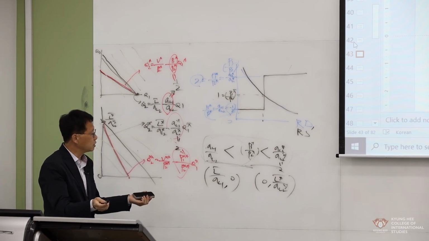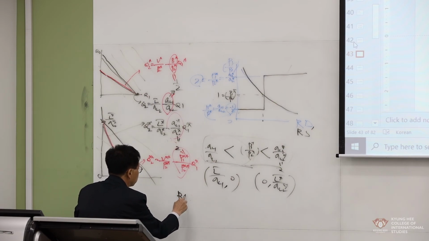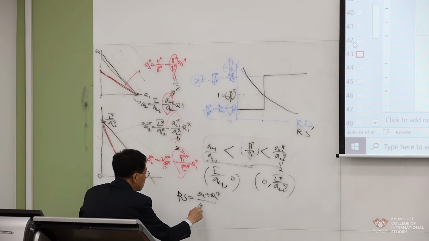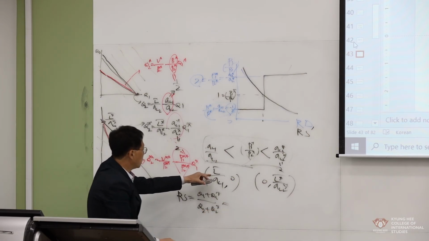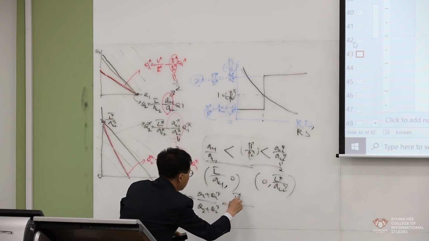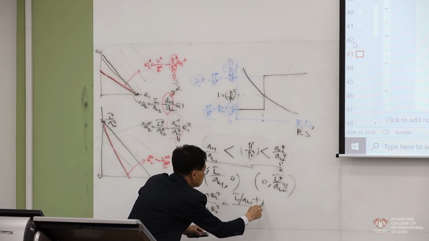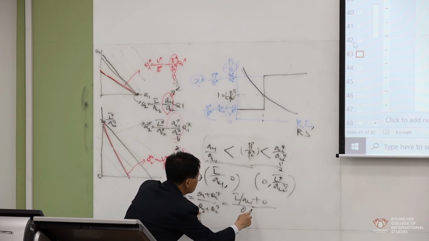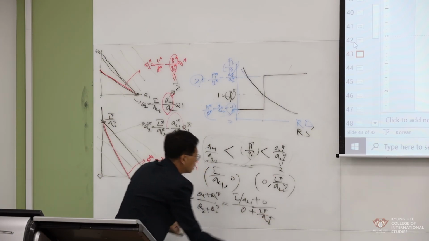Then we can calculate relative supply. In this situation, relative supply is equal to (Q1 plus Q1 star) over (Q2 plus Q2 star). Q1 is equal to L bar over AL1, Q1 star is equal to 0, Q2 is equal to 0, and Q2 star is L star bar over AL2 star, isn't it?